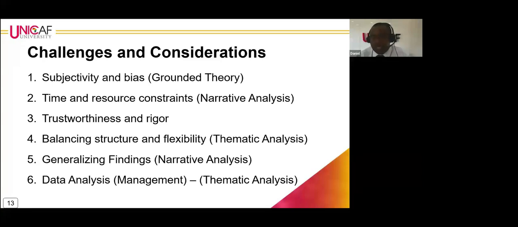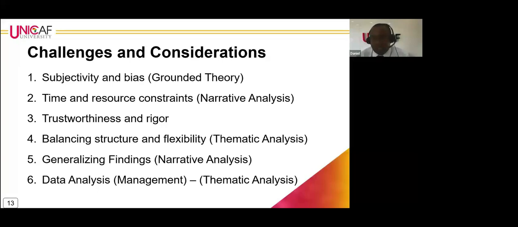So it's important to ask yourself, what kind of time do I have? How much do I have? What resources do I have? Okay, so can I then undertake a qualitative research or a quantitative research? Will I be able to do a qualitative data analysis with this timing I have and with these resources I have?